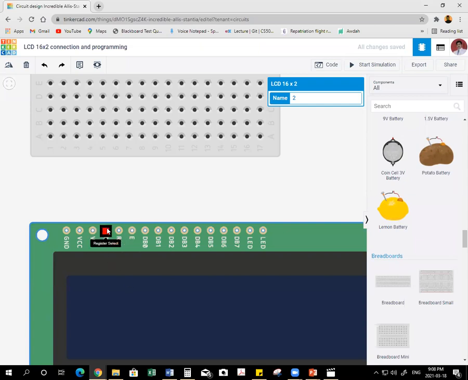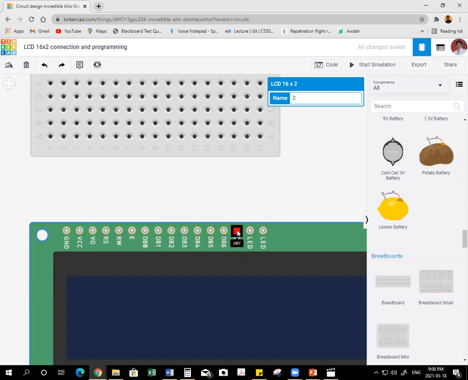Now, RS, register select, is given from 5 volts, and this is read/write, which we give to ground. Enable is given from an output of the Arduino. And we have data pins from 0 to 7, DB0 to DB7.